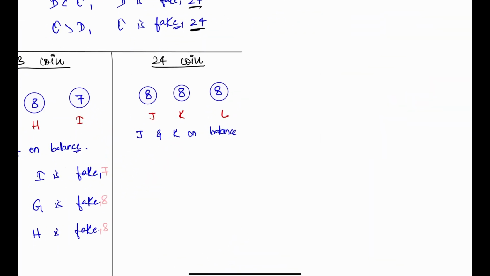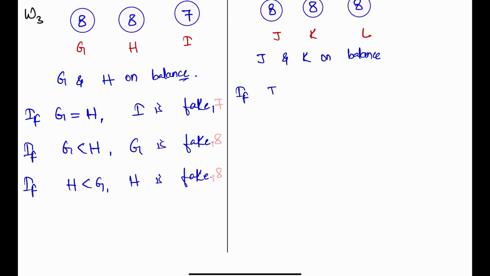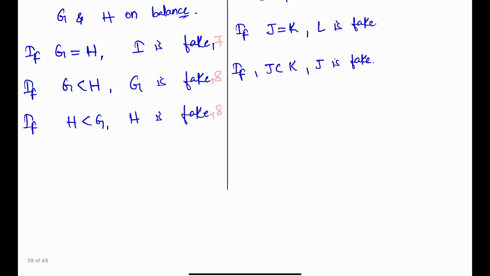So if J is equal to K, then L is fake. If J is less than K, J is fake. Similarly, if K is less than J, then K is fake. So we are dropping down again.